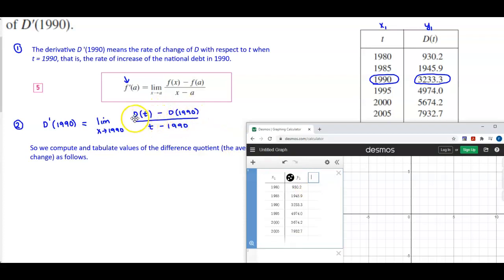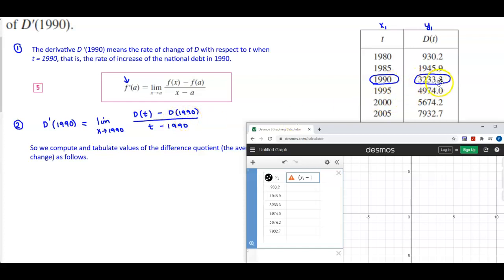Okay, so now we're going to use our formula and plug that in. D(t) is the output, meaning it's the y value, and t represents the x value. So we formulate a formula here. We have y1, and then we subtract the output for 1990. Well, what is the output for 1990?